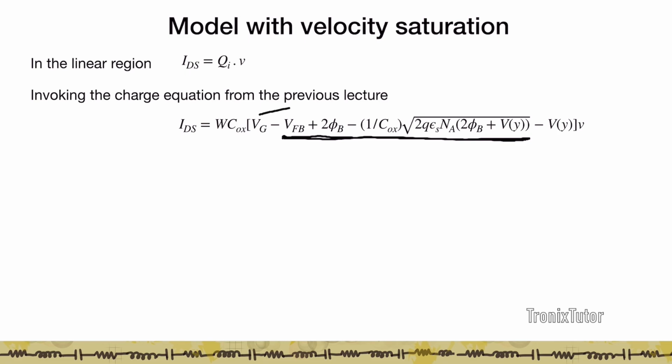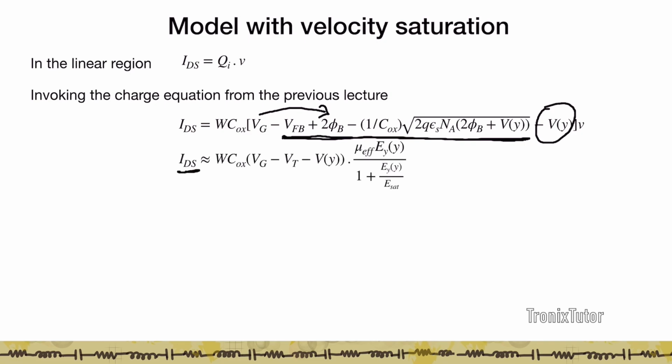So what you see here is Vg minus Vt, and this falls as you walk from the source towards the drain of the channel. So I can write my IDS as W Cox times Vg minus Vt minus V of y. So this is the reduction in charge as I go from the source to drain.